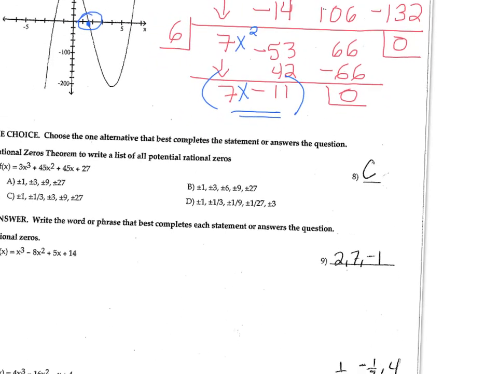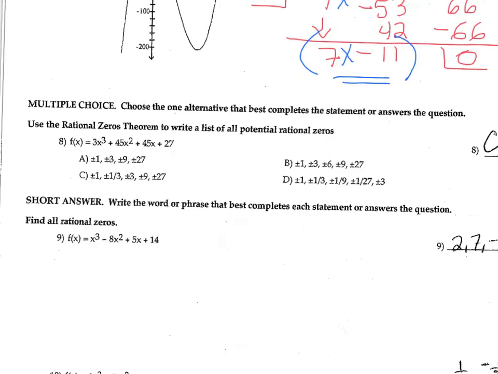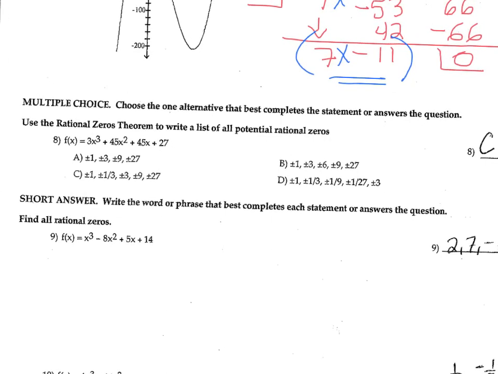Now, number 8. On problem number 8, some of you missed number 8. Please try not to miss, especially problems like this. To find the list of all the potential rational zeros, you have to use P over Q. P is the constant term, and Q is the coefficient of the leading term.